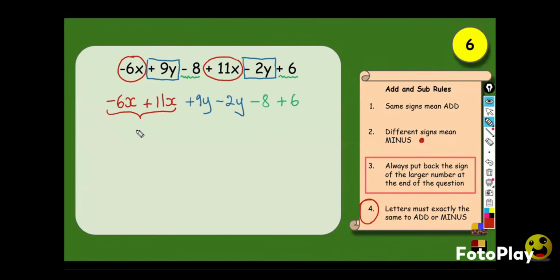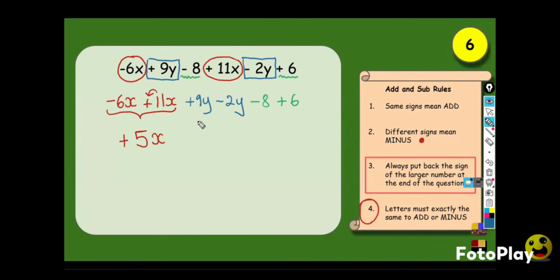You'll get 5. Always put back the sign of the larger one. We're only focusing on the red, the X's. 11 is larger than 6, so put your positive. And remember, when you're putting back the letter, you put it back once. Do not write X and an XX. The similar letter, write it back once.